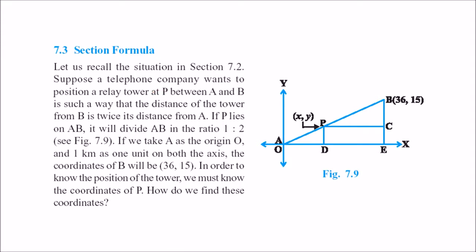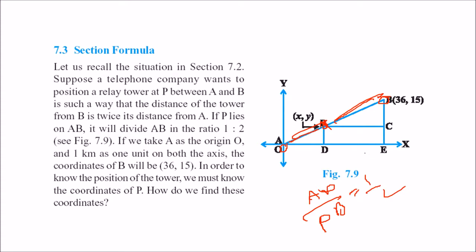Section formula. What is the section formula? Section formula means you have a point A and a point B. Let's have a point P, and if we say that this point P is 1 unit from here and 2 units from here, or you say P divides AB in the ratio 1:2, that is AP by PB is 1 by 2.